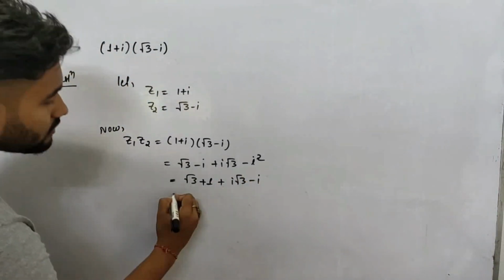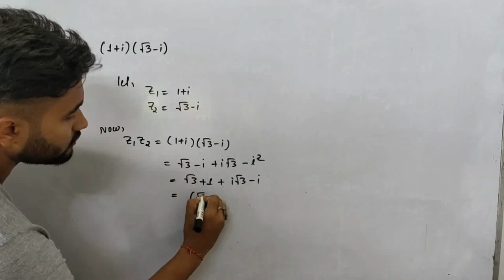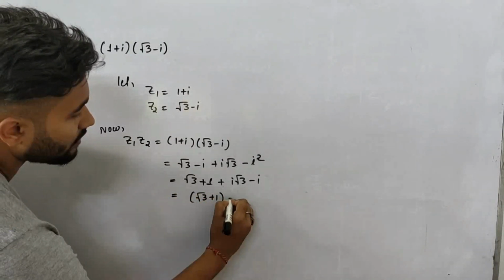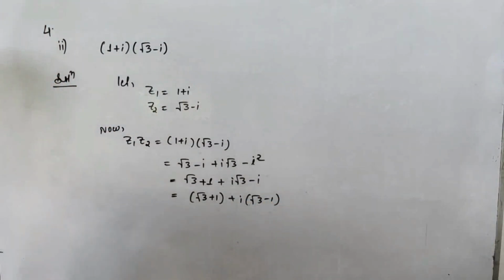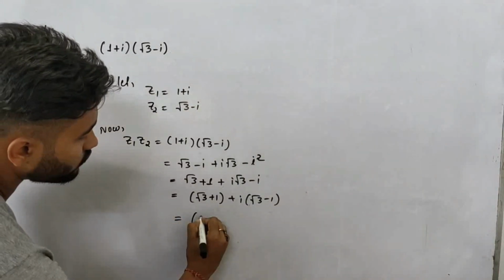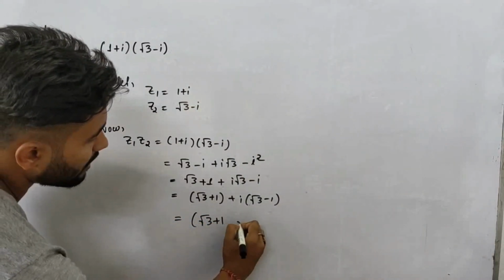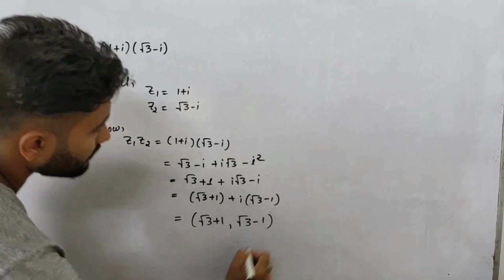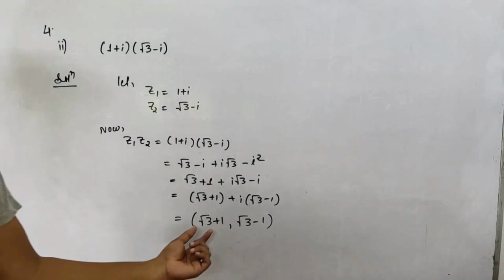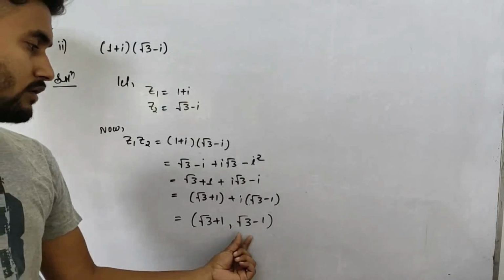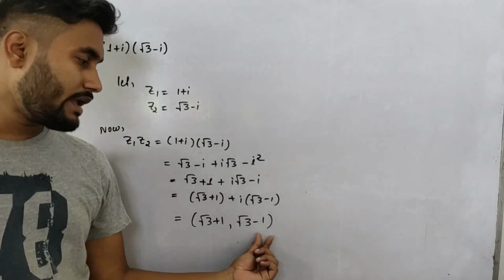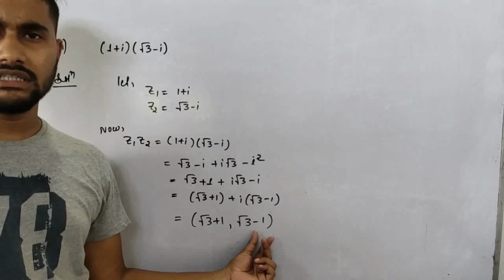Now if I write in a plus ib form, then this is root 3 plus 1 plus i (root 3 minus 1). So what is the coordinate? The coordinate is (root 3 plus 1, root 3 minus 1). Now root 3 is a positive number, 1.732, plus 1 is a positive value. 1.732 approximately minus 1 will also become 0.732, something like that.